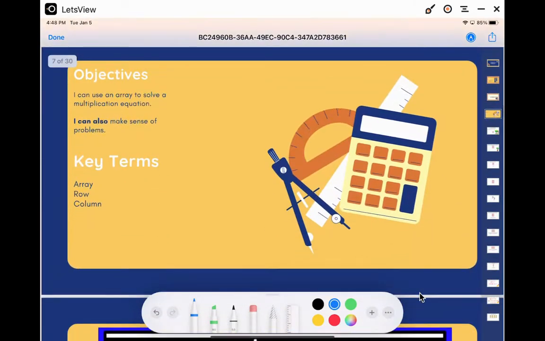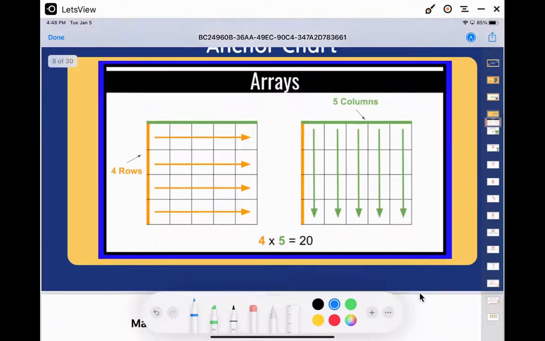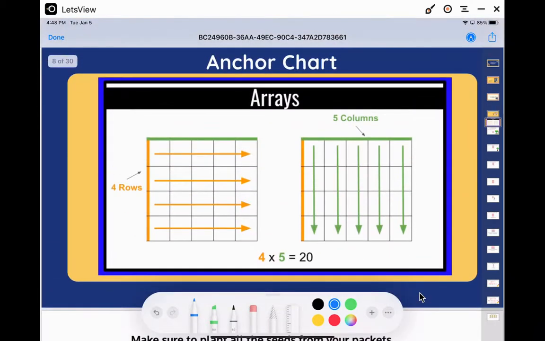Well, today's objective is that I can use an array to solve a multiplication equation, and I can also make sense of problems. Our key terms for today are array, row, and column. Let's take a look at our anchor chart. This anchor chart has a picture of 2 arrays.